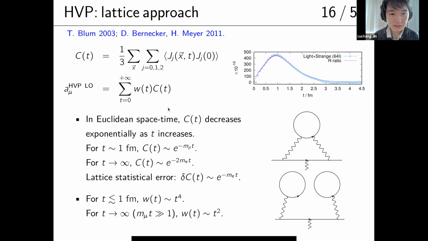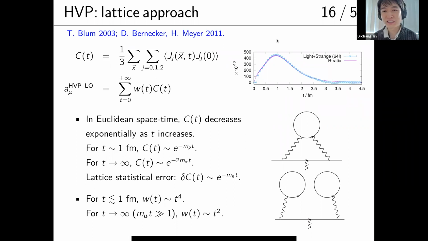And the weighting function, I can also describe a little bit. The weighting function can be calculated analytically. So its form is known back in 2011, in this Mayer-Berniker paper. At relatively short distance, in the short distance limit, the weighting function behaves like t to the 4th.